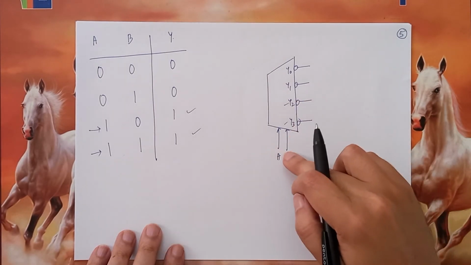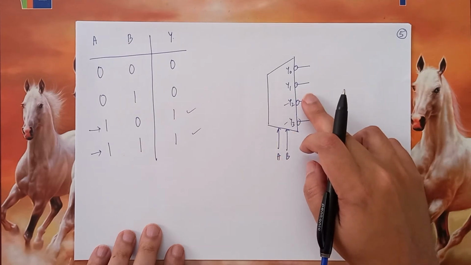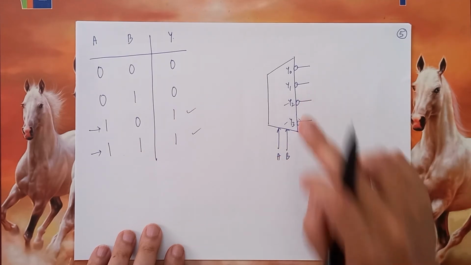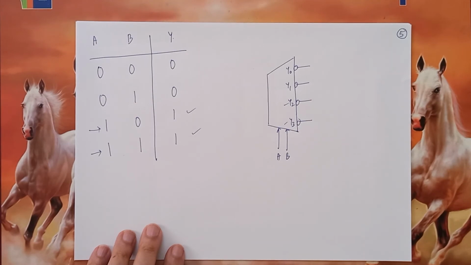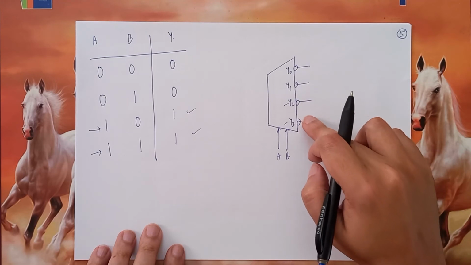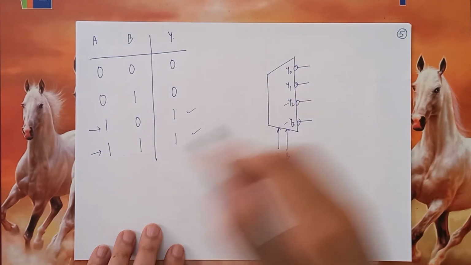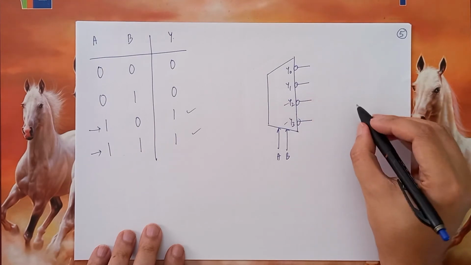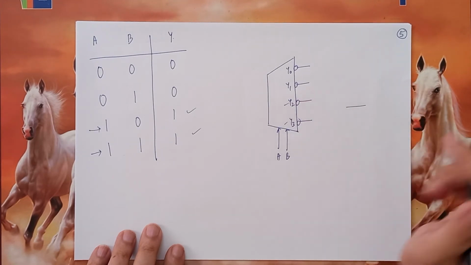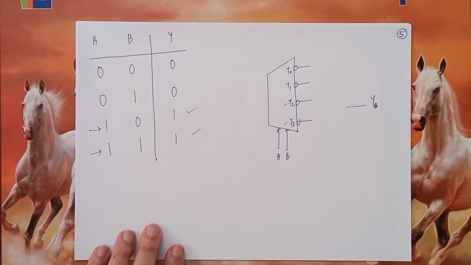So therefore, depending on what the value of A and B is, either 1, 0 or 1, 1, either y2 will become 0 or y3 will become 0. So when y2 is 0, all the others will be 1, and when y3 is 0, all the others will be 1. So therefore now, suppose I ask myself, can I use a gate to combine y2 and y3 and get the final output y?